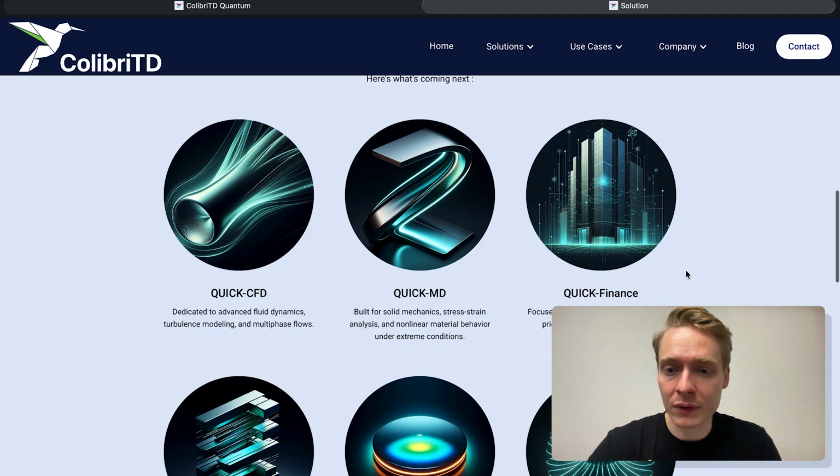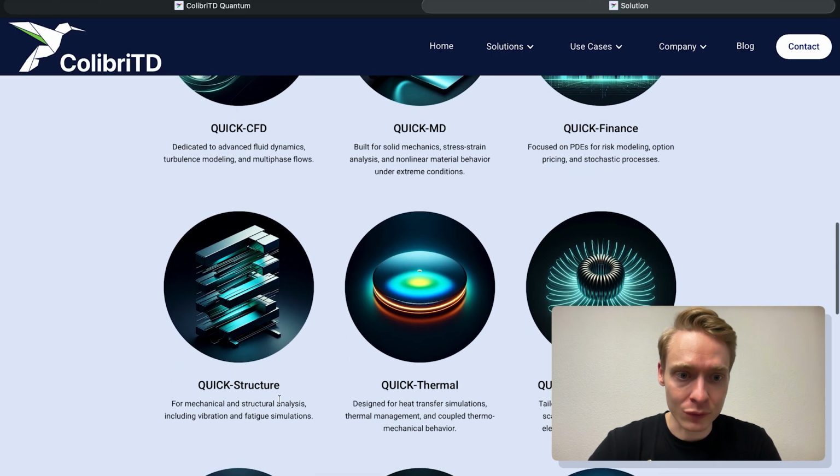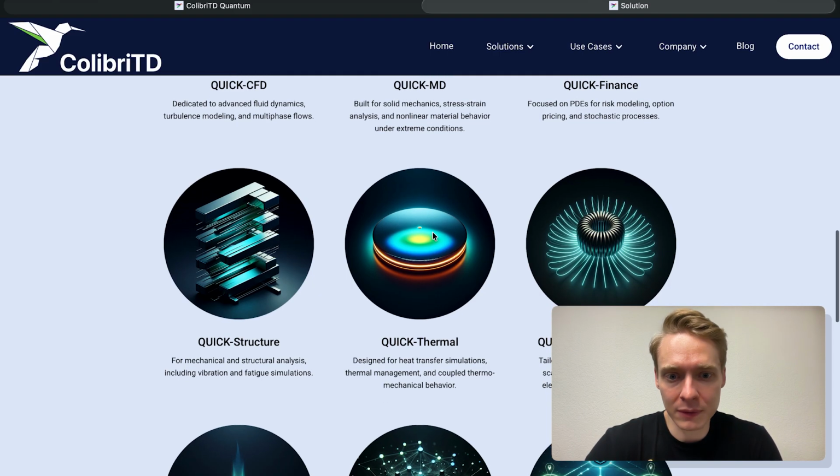Quick Finance, focused on PDEs, partial differential equations, right, for risk modeling, option pricing, and stochastic processes. Quick Structure for mechanical and structural analysis, including vibration fatigue simulation, right? This is what you want to look at when you, I don't know, design bridges, design stress tests for objects, for systems, for buildings, whatever, right?